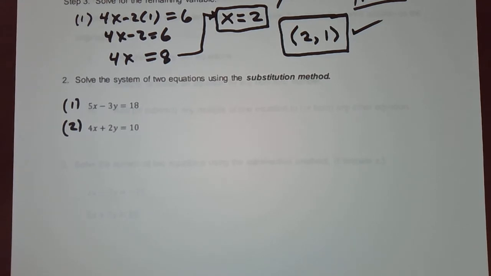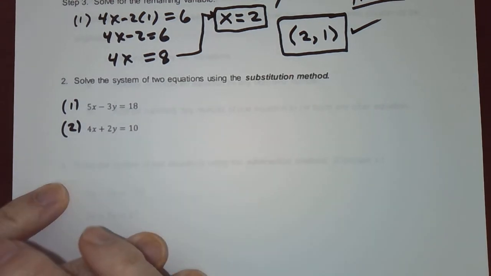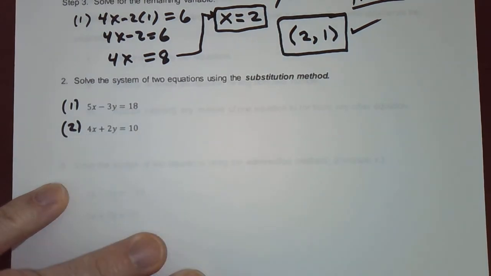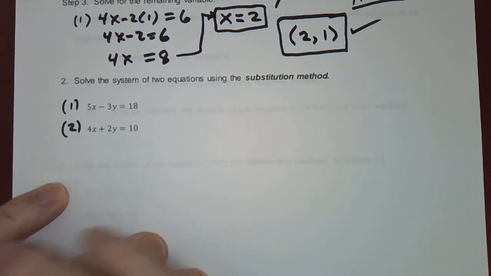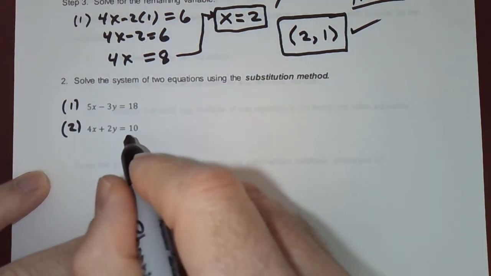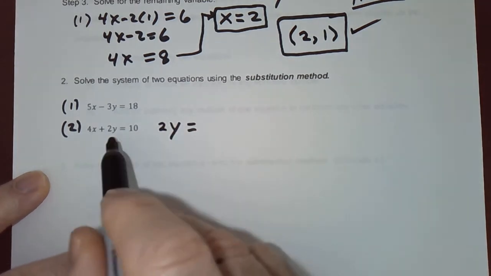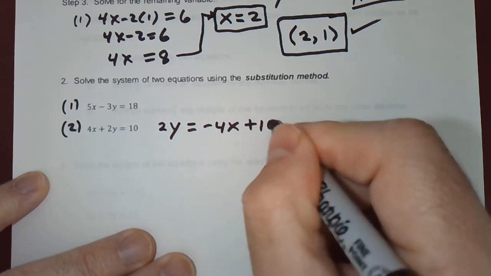Which equation, which variable? Well, I think it's going to have to be equation number 2. And if I solve for y, notice what's going to happen. Notice all of these numbers are divisible by 2, all of these coefficients, and the number 10 as well. So if I take equation number 2 and solve it for y, I would get 2y is equal to negative 4x plus 10.